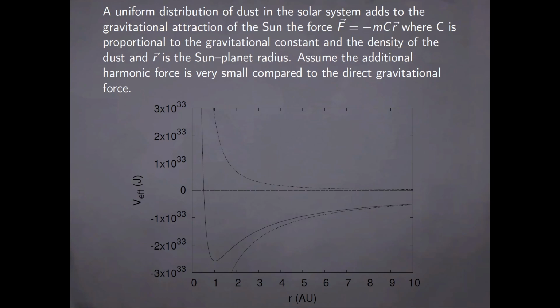As a first example, we can consider a perturbation caused by a uniform distribution of dust in the solar system, which adds to the gravitational attraction of the Sun the linearly restoring force given here, where c is a constant proportional to the gravitational constant and the density of the dust, and the radius vector r is the Sun-planet radius.